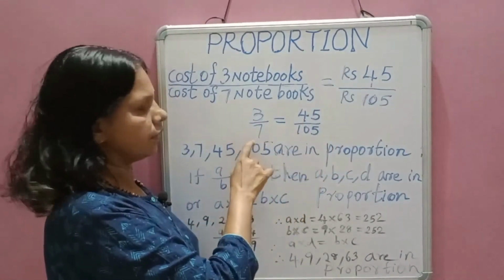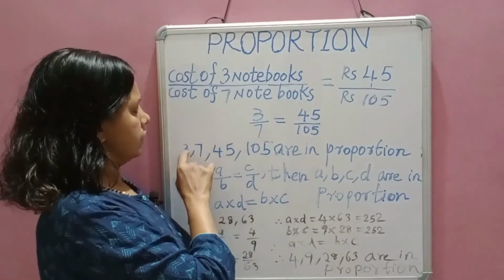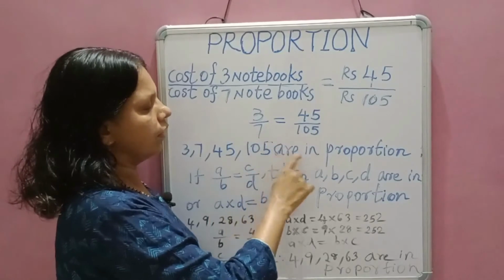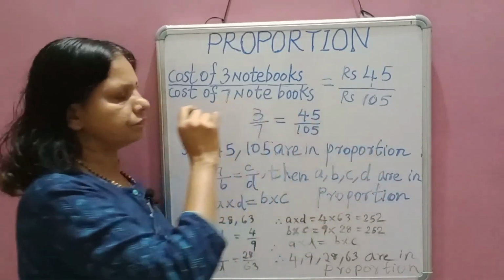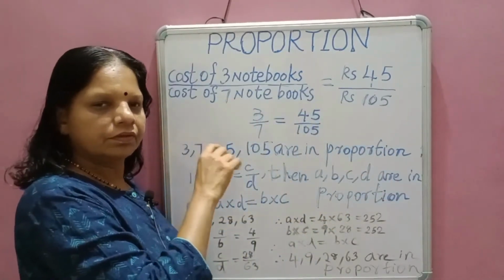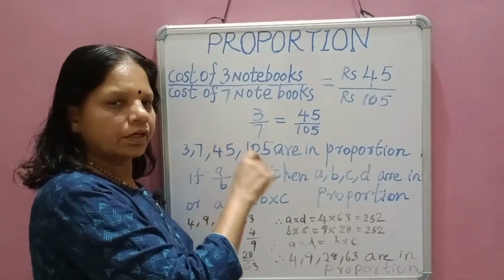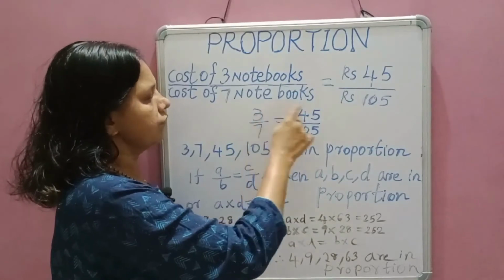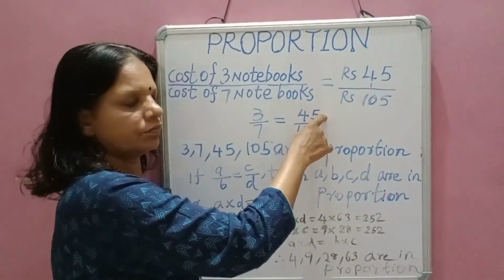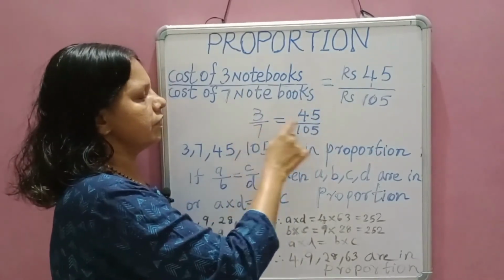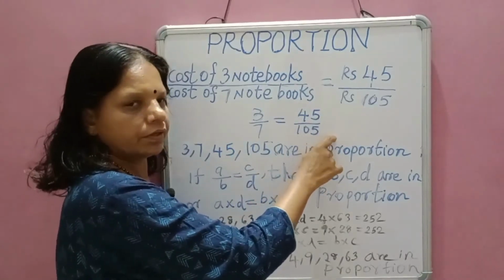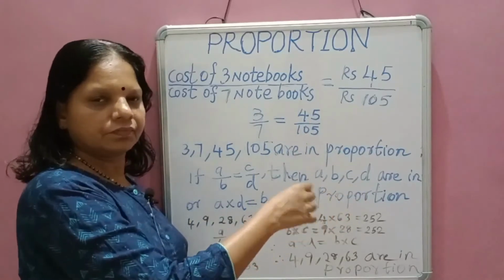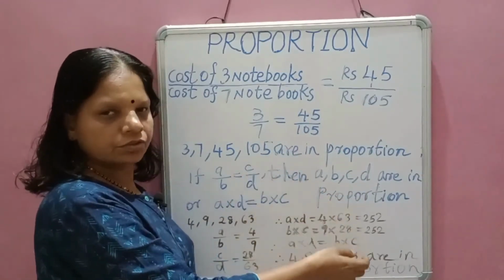So we can say that 3, 7, 45, 105 are in proportion. It is one kind of equivalent fraction. How 3 is related to 45, the same way 7 is related to 105. That is the proportion, in the same ratio.